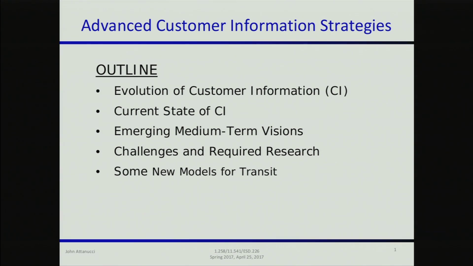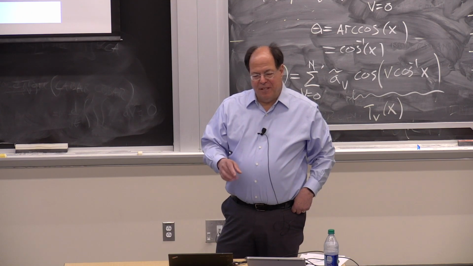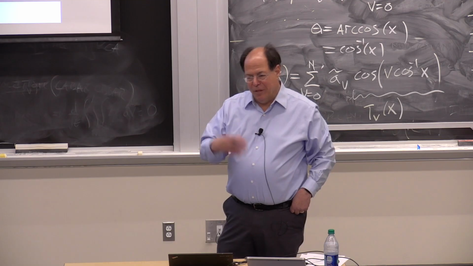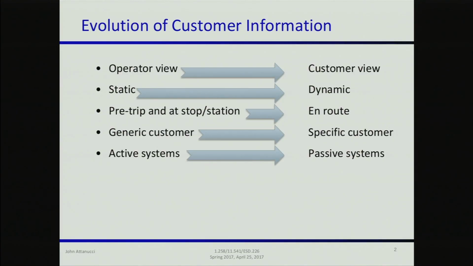This is actually a lecture that started, but the first version of this was done by Nigel Wilson, so I got to give him a lot of credit for this, and then we've evolved it over the last several years.